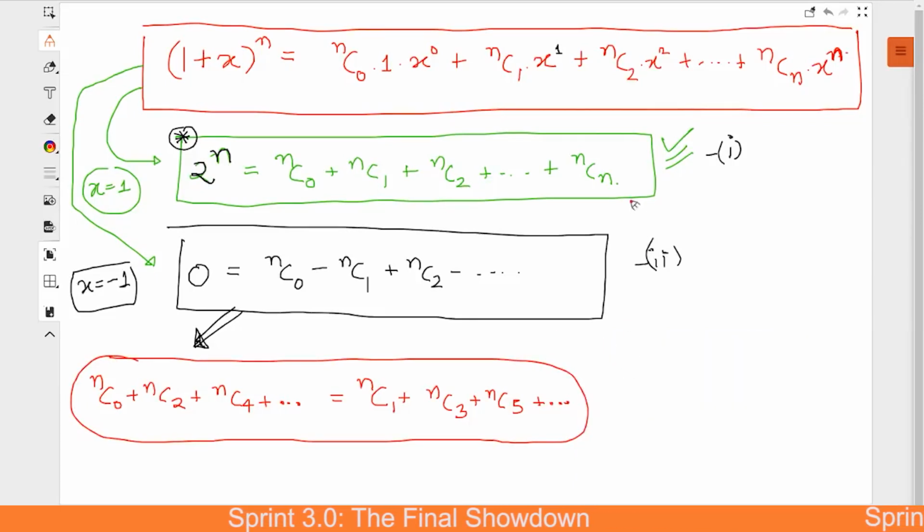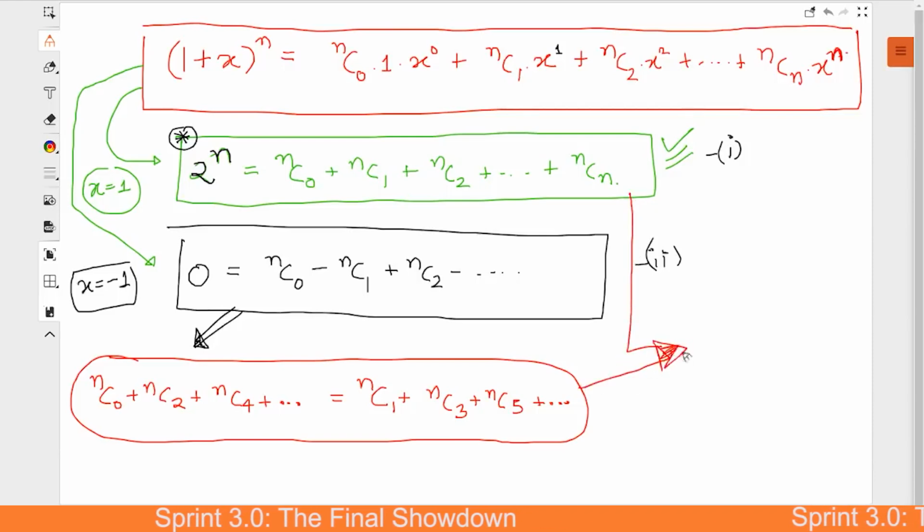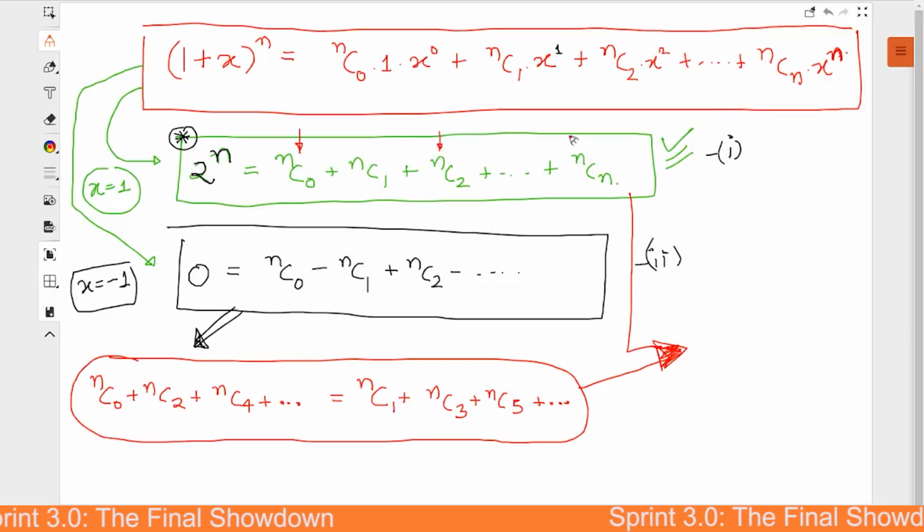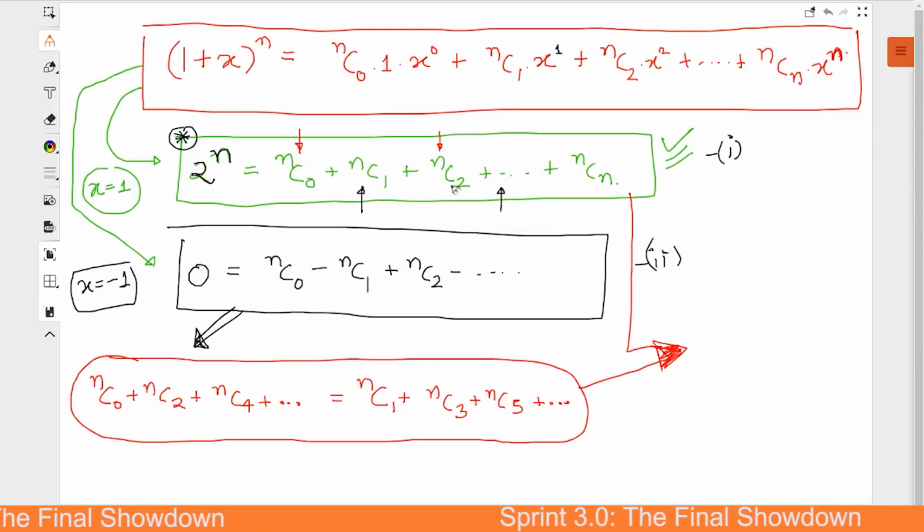Right? So if you combine the two, if this is clear to you, now listen to me very carefully. This comprises of either the summation of even here, and it also has the summation of odd here, and they will be in equivalent number.